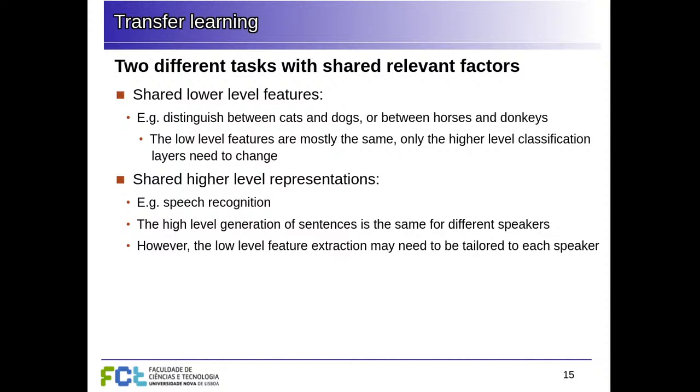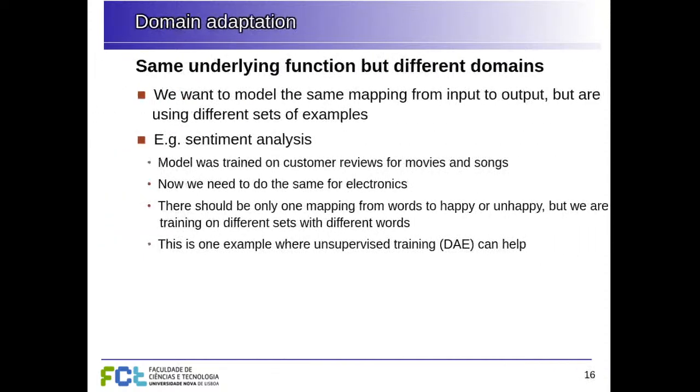And this is how many voice recognition systems work, where the person has to train the system to understand how that particular person speaks the different words, but then the top part, the higher level representations, are the same, and those models will not need to be retrained for different individuals.